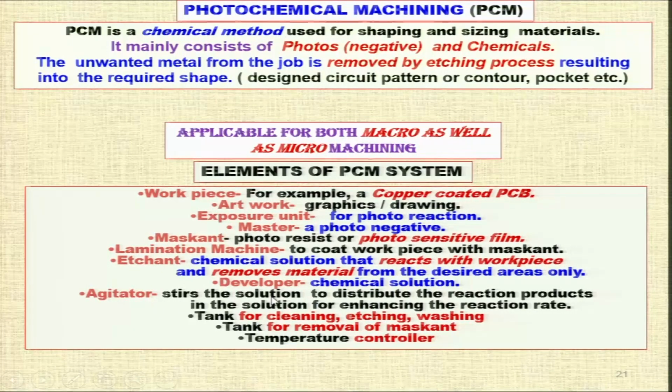So agitator stirs the solution to distribute the reaction products in the solution for enhancing the reaction rate. Tank is there for cleaning, etching, washing purposes. Tank is there for removal of maskant also, and you should have temperature controller in the agent that will really improve the accuracy of the component being machined.